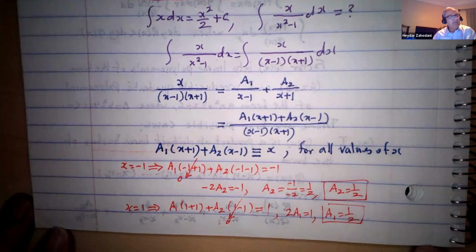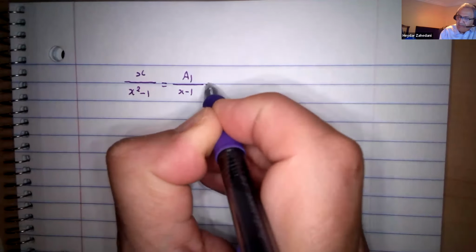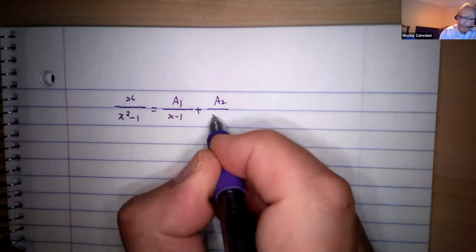So going back, rewrite the one that we did, so that you can see it. That was the one that we suggested: a1 over x minus 1, and a2 over x plus 1.